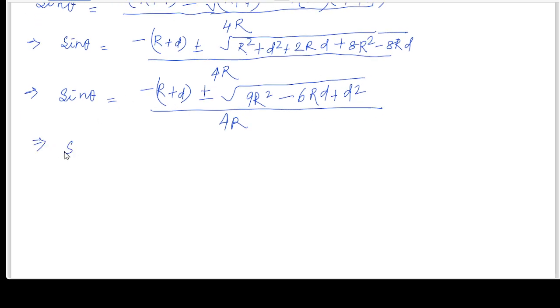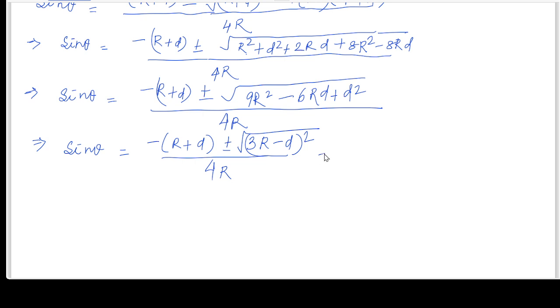Now sine theta equals minus R plus d plus minus, it will be 3R minus d whole square, equals minus R plus d plus minus 3R minus d.